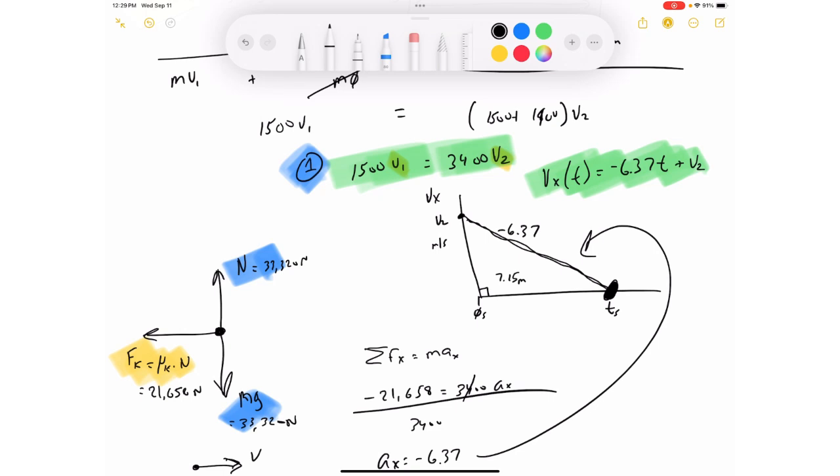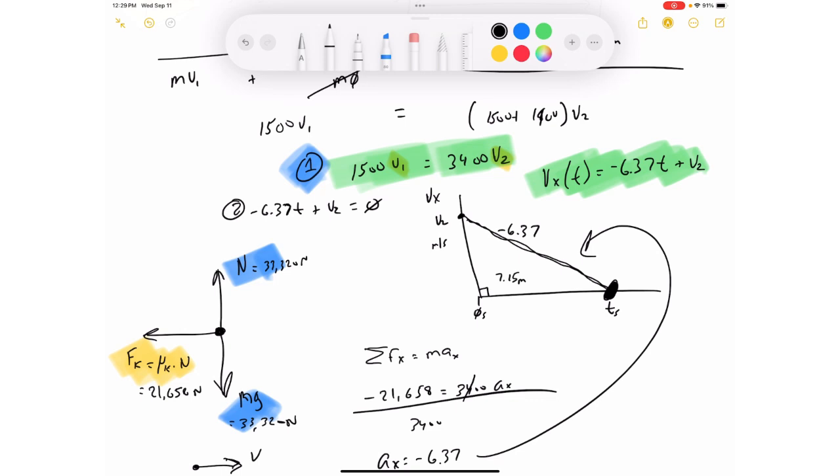I don't know when it is, but it is going to do it. I'm doing a terrible job of drawing a line. So I could write another equation, we'll call that 2: negative 6.37 times t plus v2 is going to equal 0.